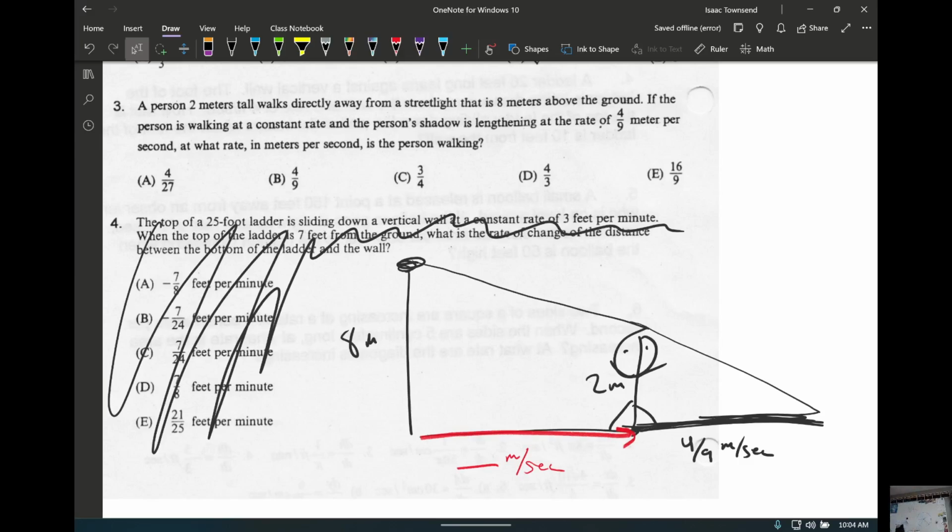Let me look at my work real fast. Okay. Yeah, I was thinking that.